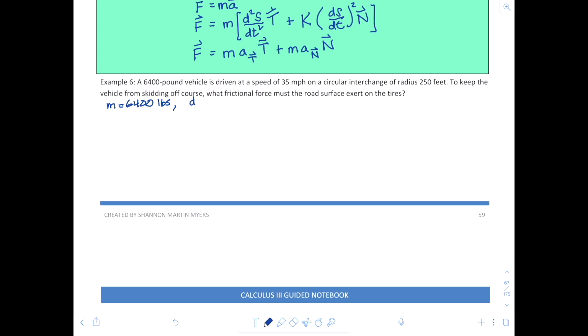Its speed, ds/dt, is equal to 35 miles per hour. And then we don't know what k is, right? So we'll just say that k is 1 over r. But we've got this circular interchange of radius 250 feet, right?